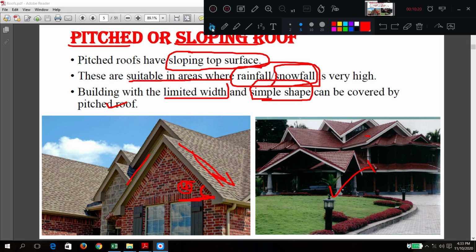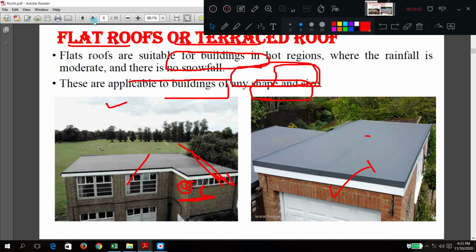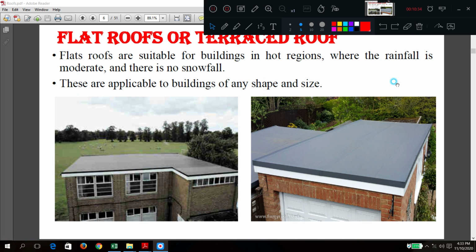Now next, what is a flat roof? I hope you have cleared this one. Pitched is when there is an inclination of the roof and a slope. Flat roof, from the diagram itself we can see, is almost flat in nature, but remember one thing. Wherever flatness is there, a slight slope is provided in any one direction.